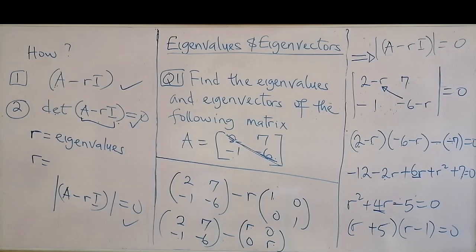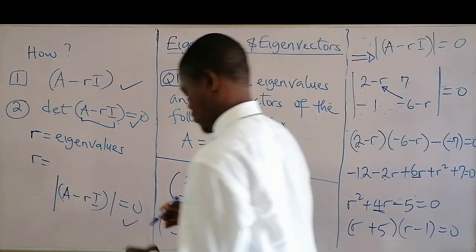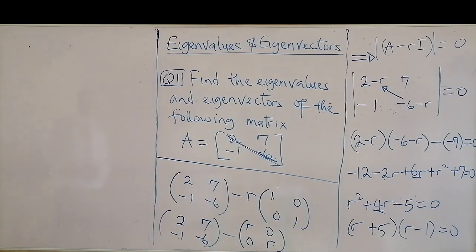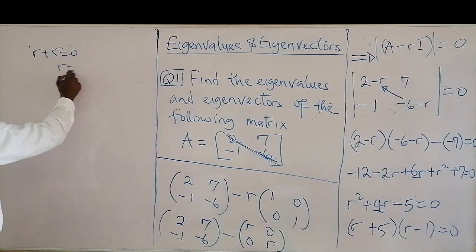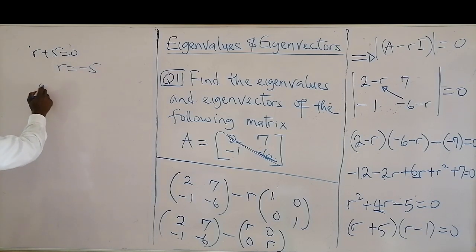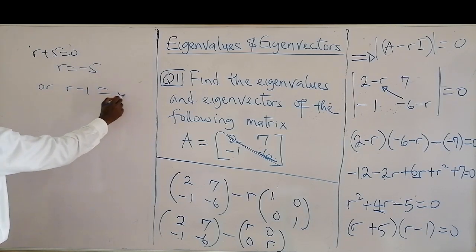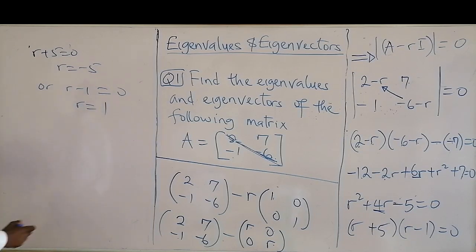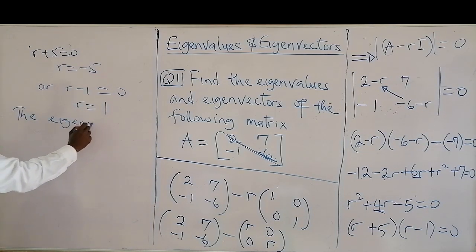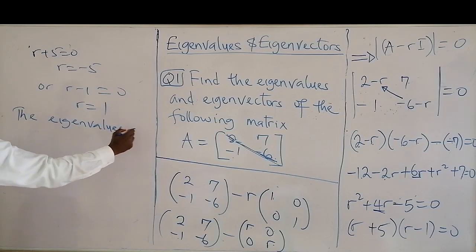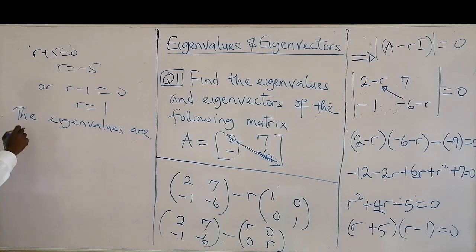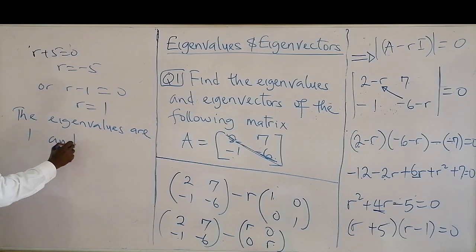So in that case, we now have r plus 5 equal to 0, so r is equal to minus 5, or r minus 1 equal to 0, so r is 1. So the eigenvalues are 1 and minus 5. Okay, so we'll finish that.